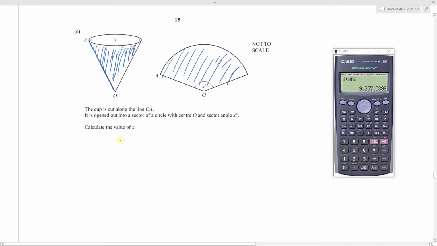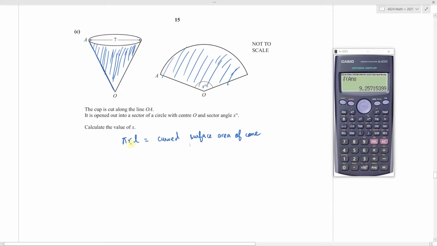And so pi RL for this cone, pi RL equals the curved surface area of the cone, which is also equal to the sector area of this sector with angle x degrees.